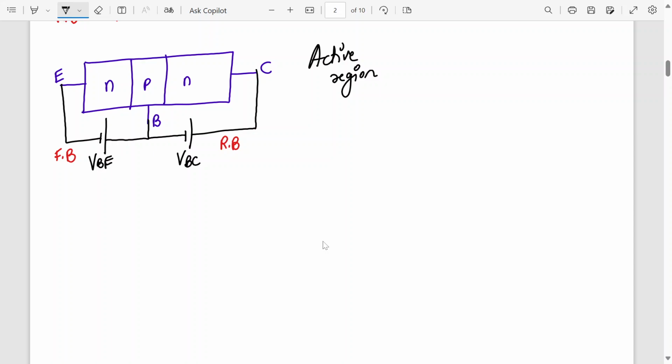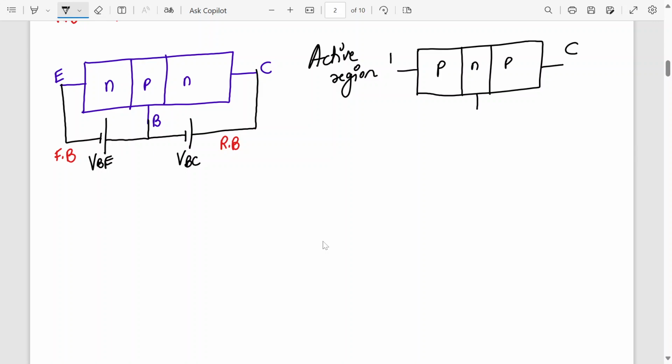Now if you want to bias a PNP BJT in active region, how will it be? Let's draw a PNP BJT. This is collector, emitter, base.